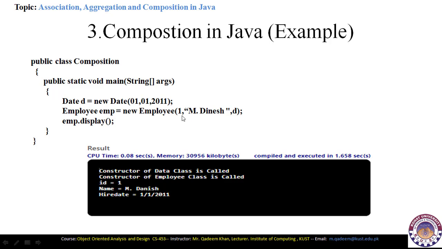Here you can see that 1 is a parameter of the Employee class and name is also a parameter of the Employee class, but d is the parameter for the parameterized constructor of the Date class. That's why it also displays the hire date.